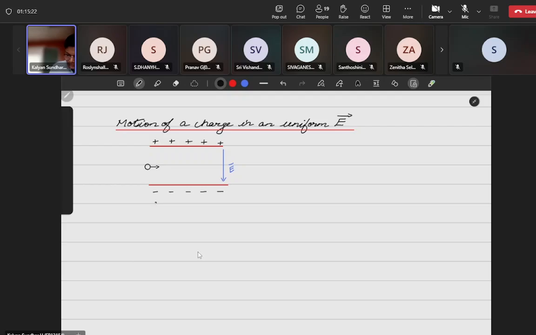And assuming that there is no gravity here, so it is free space, right? So let me assume that this is an electron and it is having a mass m and it enters with a velocity of v0.